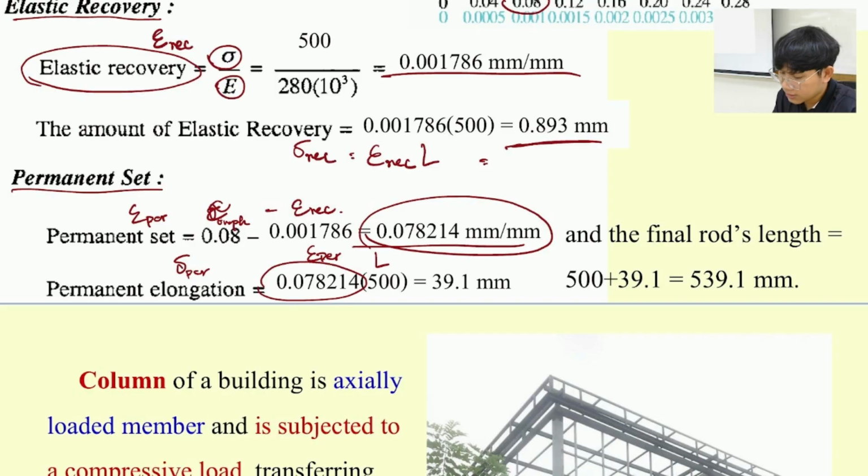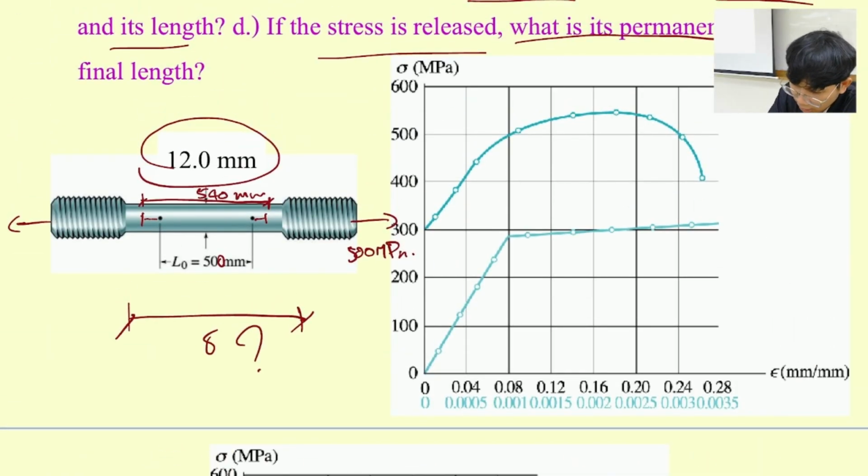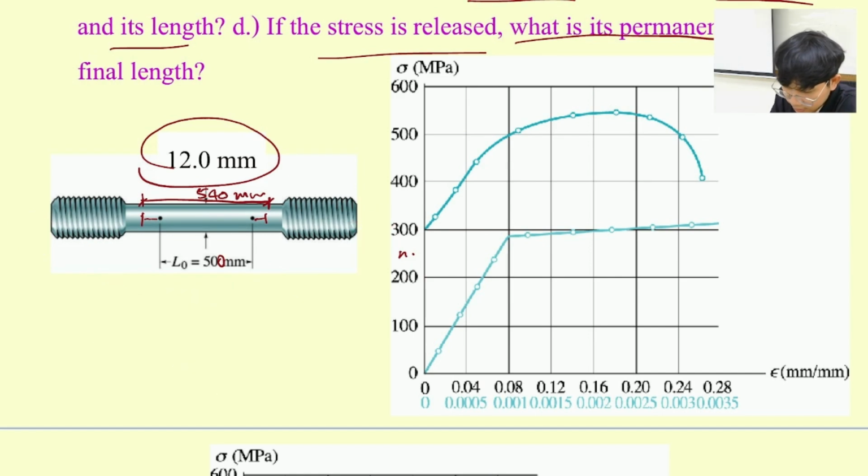After I release it, it's going to remain 539.1, which means if I remove the load here, everything is set to 0. This one from 540 over here is going to come back just a small amount of it. So it comes back to 539.1, which means this one is going to be another stage of the material.